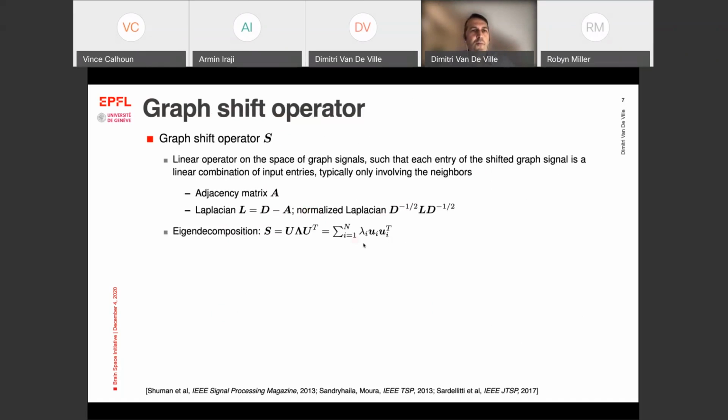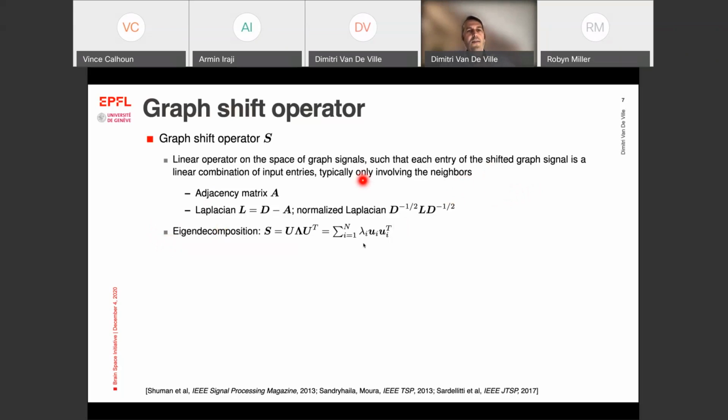And then we need to come up with our choice of a graph shift operator that I will call S, and it will be a matrix as well. So a graph shift operator is a linear operator that is defined on the space of graph signals, such that each entry of the shifted graph signal is a linear combination of the input entries, and typically only involving the neighbors.